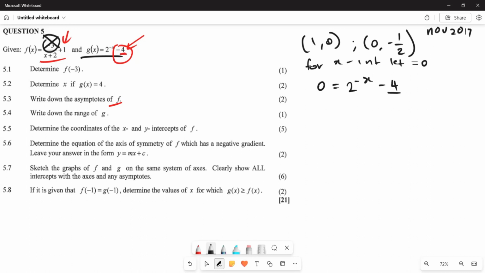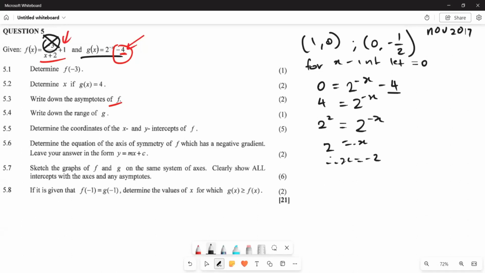Then you take the 4 this side. This is the same as 4 equals 2 to the power of negative x. You express the 4 in terms of 2. This is the same as 2 squared equals 2 to the power of negative x. Now that you have the same base, your negative x is going to be equal to 2. So therefore, your x is the same as negative 2, right?